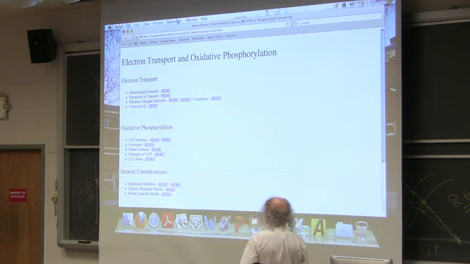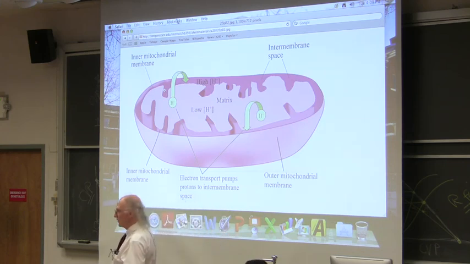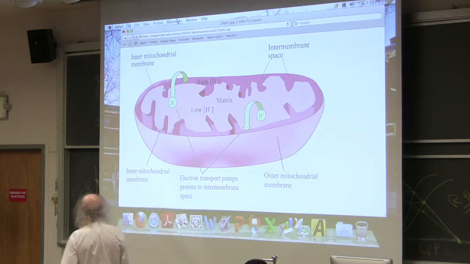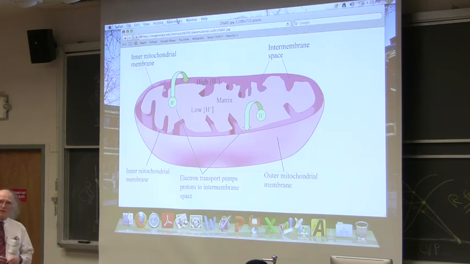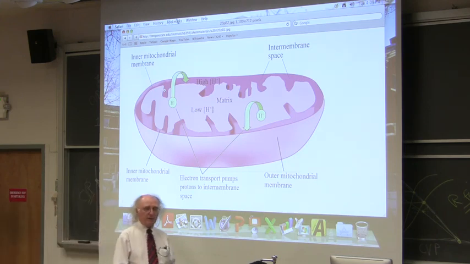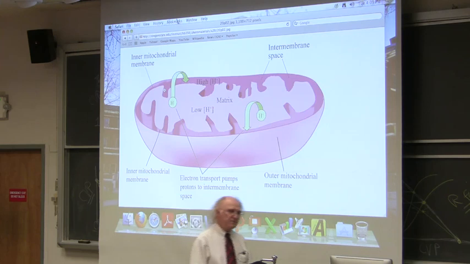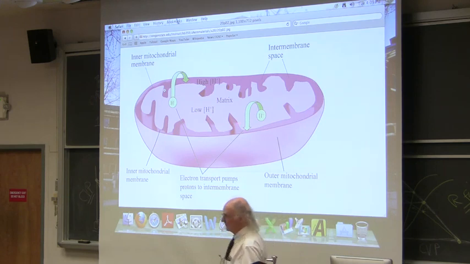Okay, well, let's talk about electron transport first. I've already talked about mitochondrial membrane or mitochondrial structure. I'm just going to remind you of what I showed you earlier. I told you at the time that the most important component of the mitochondrion is the inner mitochondrial membrane. And it's particularly important for electron transport because the reactions of electron transport mostly occur in that membrane.